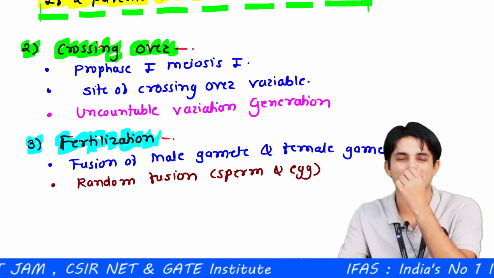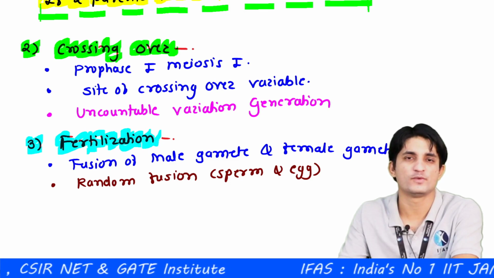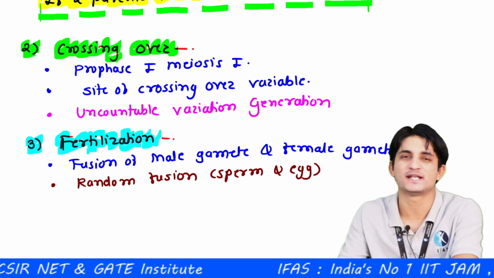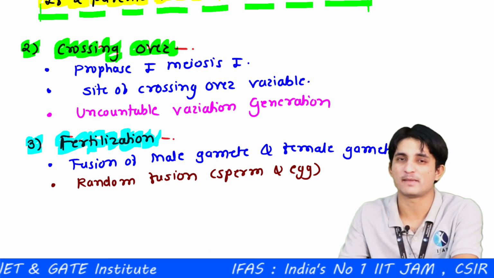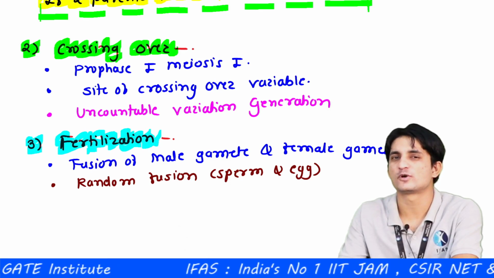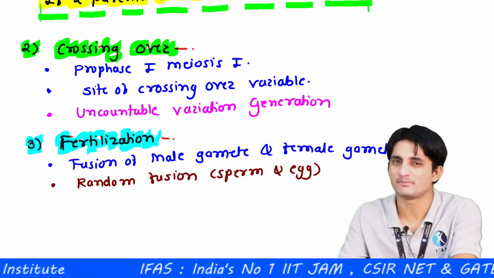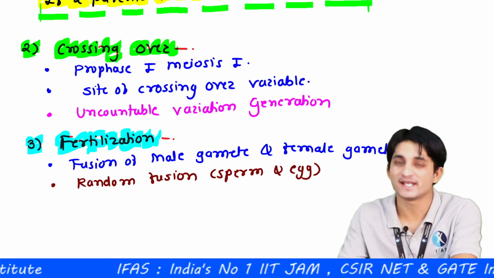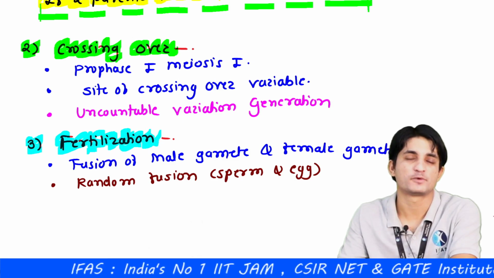egg. And therefore every time, the same type of sperm is not fertilizing the egg. So every time different types of variable gametes are fertilizing the egg, and therefore the clone production possibilities are not possible, or very negligible, because variable gametes are produced.